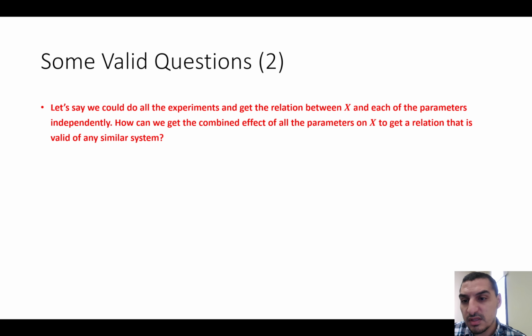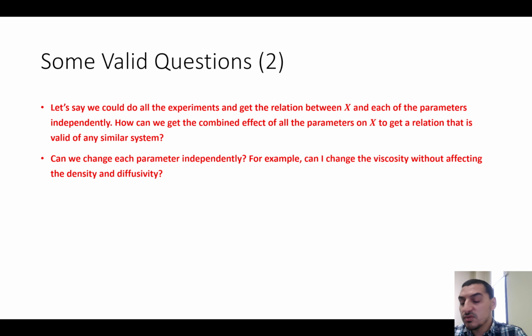There is one other very important question here. We said in the very beginning that we will keep 4 parameters constant and change one. Let's, for example, say that we want to change the density and keep the viscosity constant.